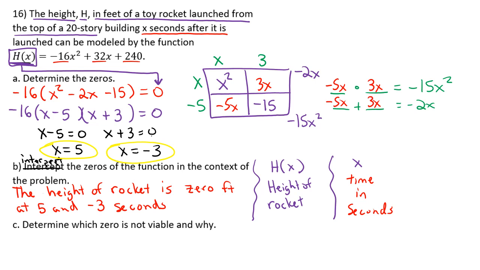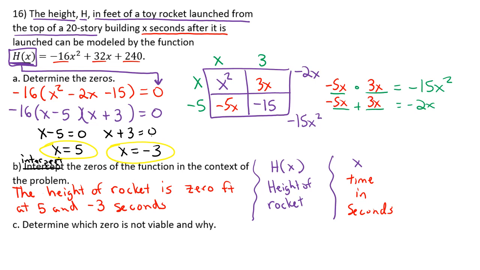Part C, determine which 0 is not viable. Classic problem, and very easy to know. Time always moves forward. Time must be positive. You cannot have negative time. Therefore, the x-intercept, -3, referring to seconds, you can't have -3 seconds.